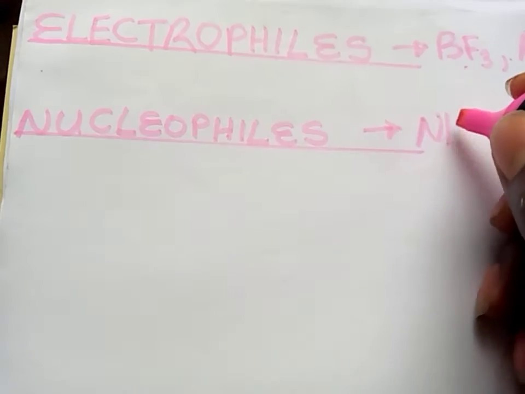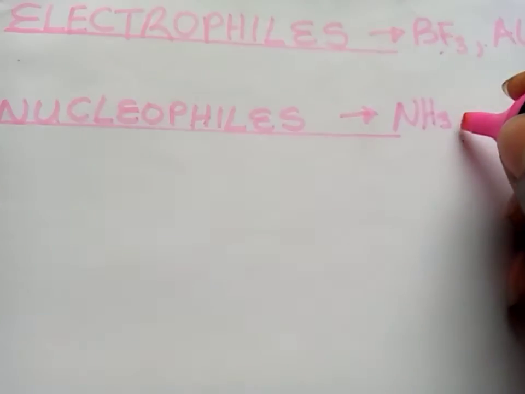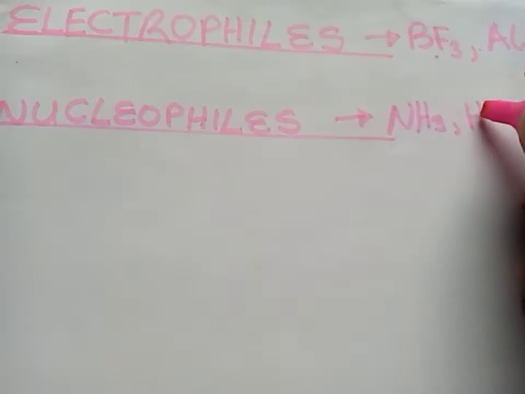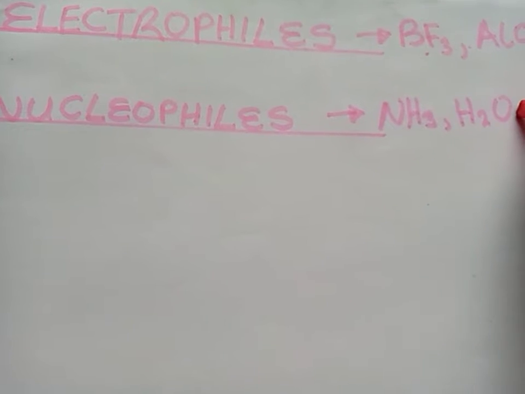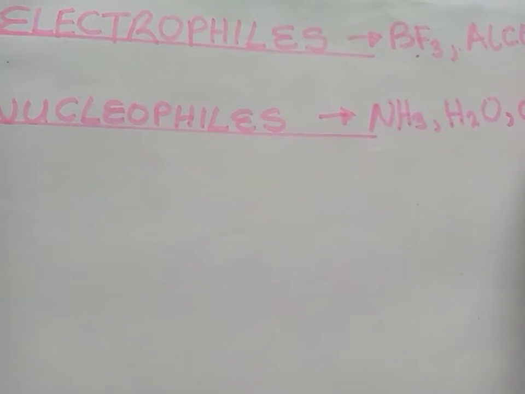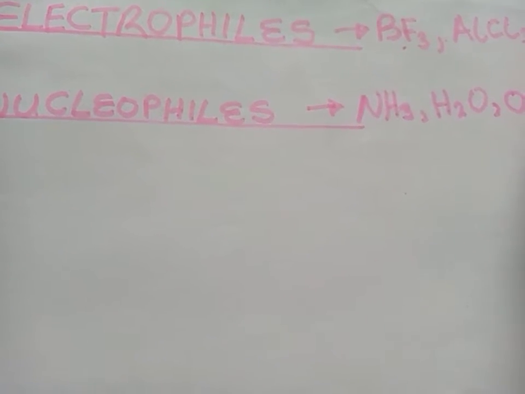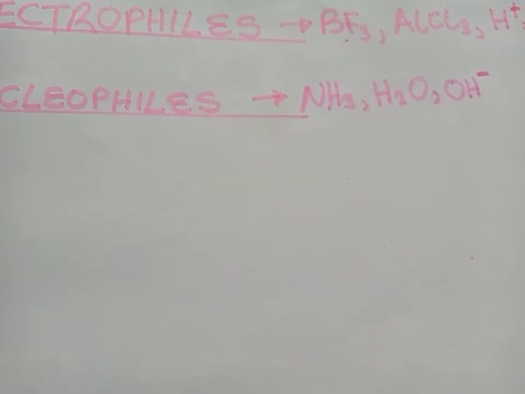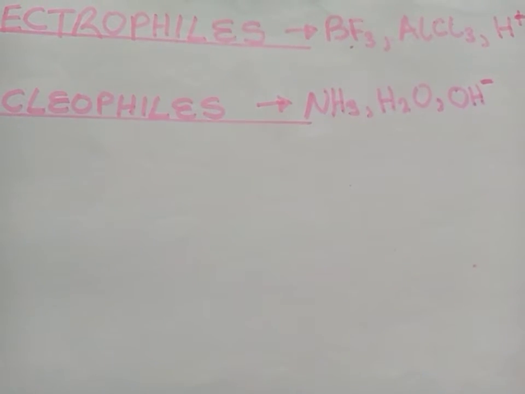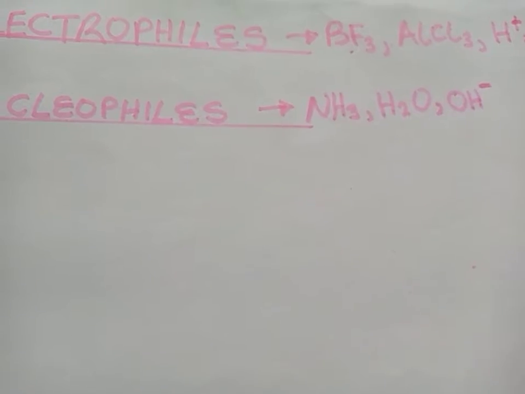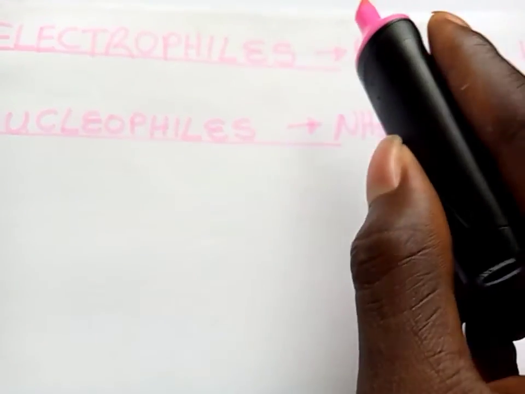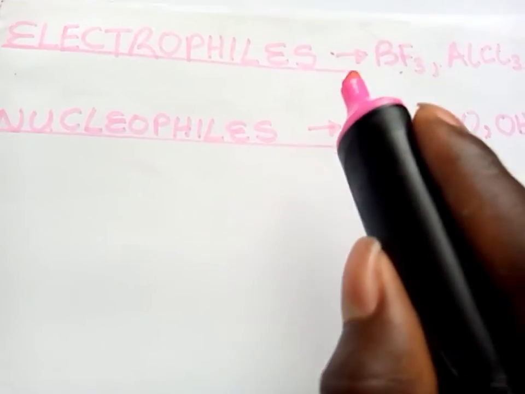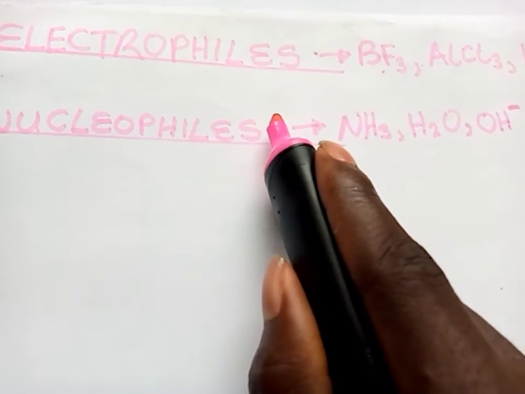Examples of nucleophiles are ammonia, water, then we have our hydroxide ion. So these are examples of nucleophiles. So let's look into our structures. Our electrophiles are normally positively charged and our nucleophiles are normally negatively charged.